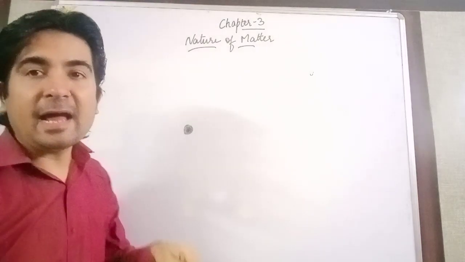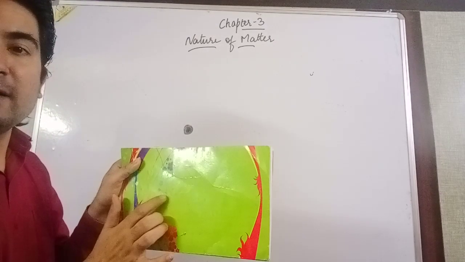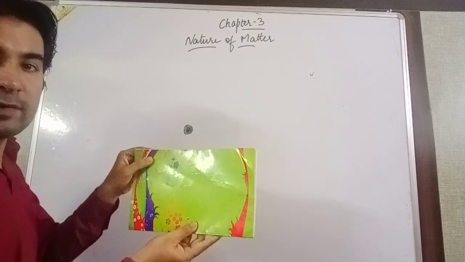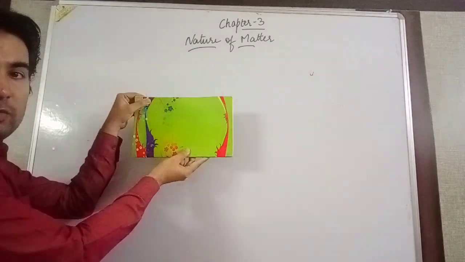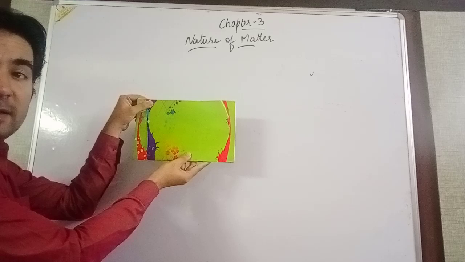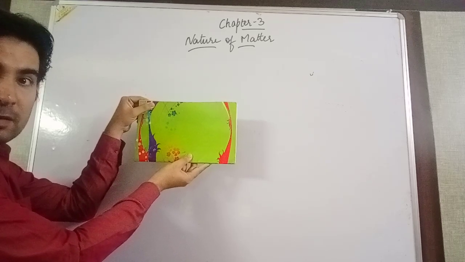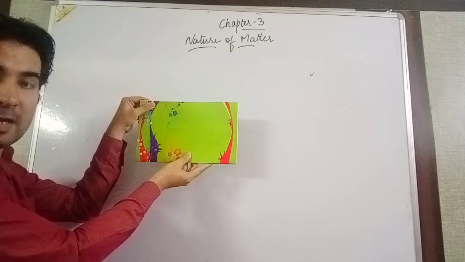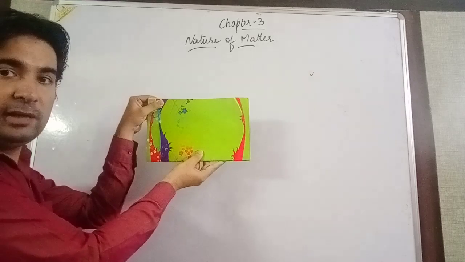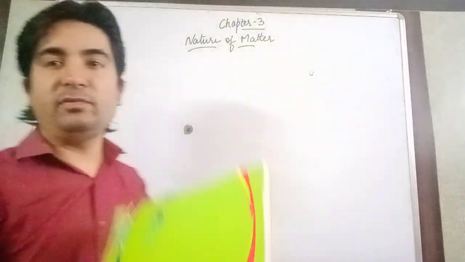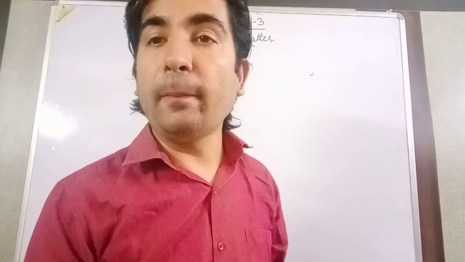Now when I bring one cardboard in front of this dot, I'm unable to see the dot. That means this object is not allowing light to pass through it. Hence these types of objects are known as opaque objects.